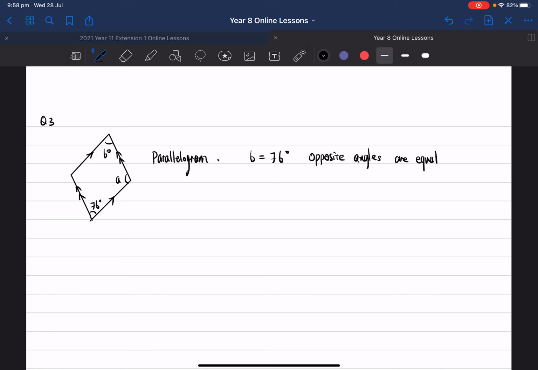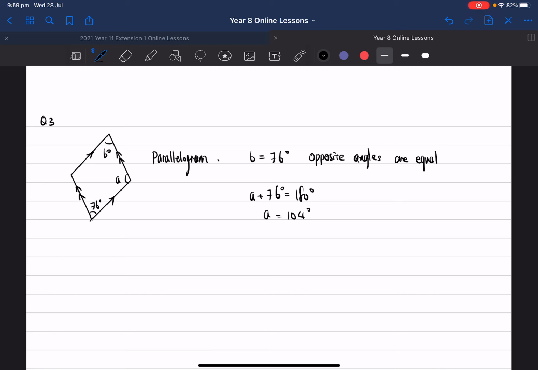Well, there are two ways you can find A. These are parallel sides, which means these two angles are co-interior angles. If these two angles are co-interior angles, when they add together, they should equal 180 degrees. So A plus 76 is equal to 180 degrees. So angle A is equal to 180 minus 76, which becomes 104 degrees.